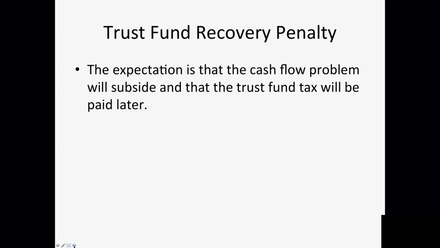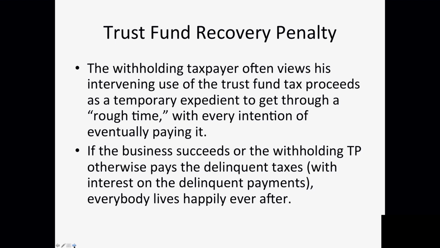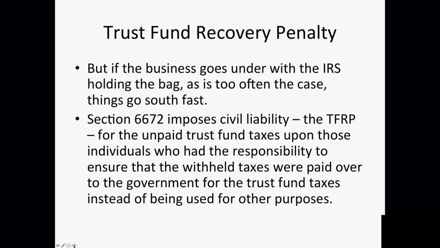The expectation, of course, is that the cash flow problem will subside and that the trust fund tax will be paid later. The withholding taxpayer often views his intervening use of the trust fund tax proceeds as a temporary expedient to get through a rough time, with every intention of eventually paying. If the business succeeds or the withholding taxpayer otherwise pays the delinquent taxes with interest, everybody lives happily ever after.